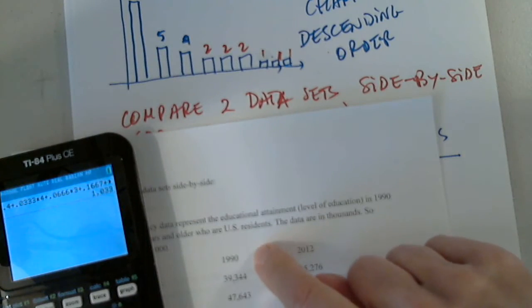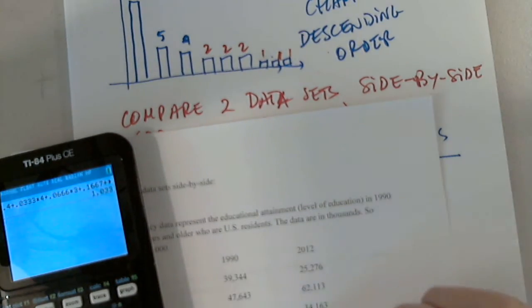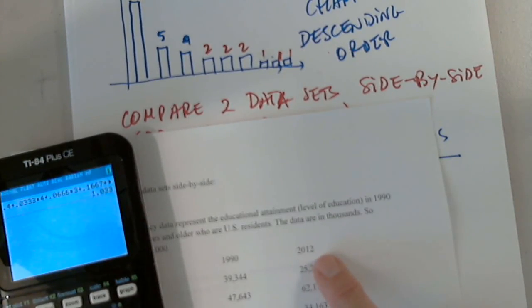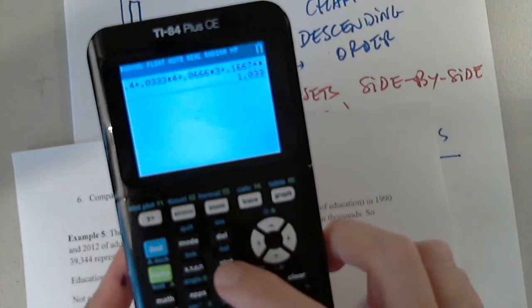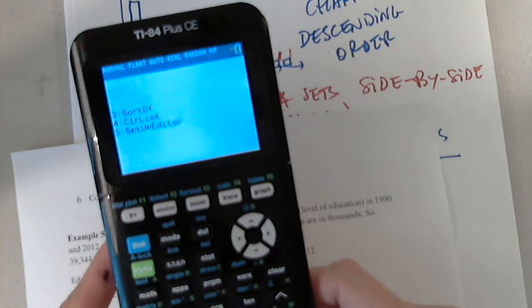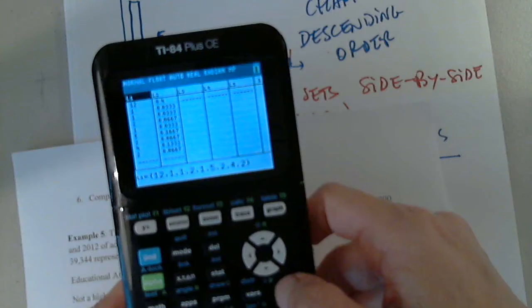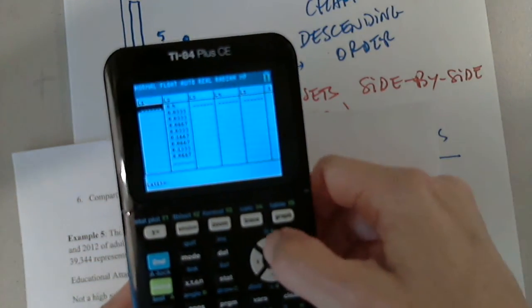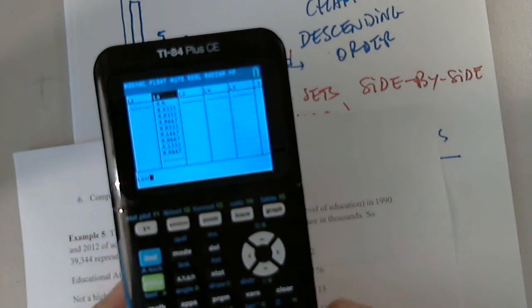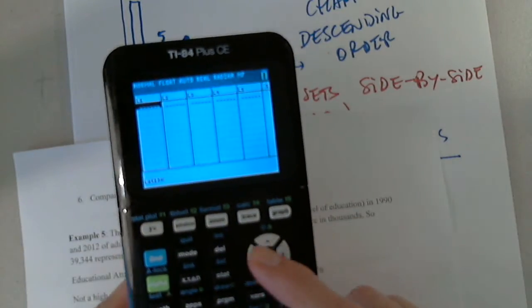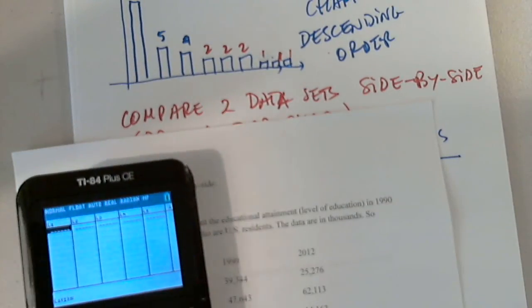Then I will create the relative frequency in list L2, and then this will be list L3, and list L4 will be the relative frequency for the data from 2012. So let's start. Go back to stat, go back to edit. Let me know if you fell behind or you need any help. Clear the lists that you had before. Clear list L2. And let's type in list L1.